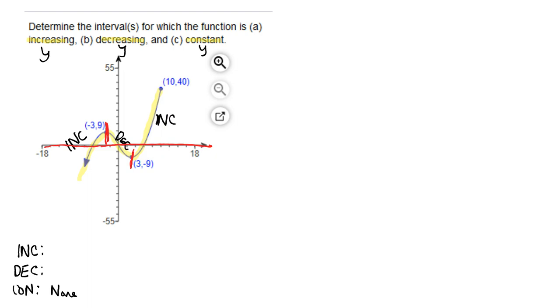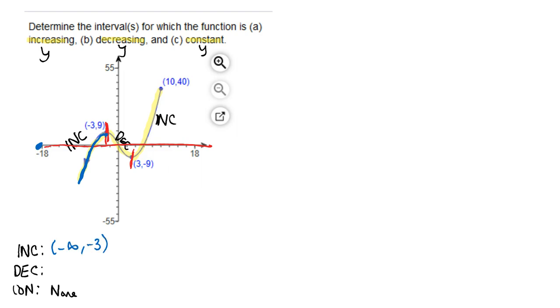So when I look at this section right here, this section we labeled as increasing, where do the x values start and stop for that section? So the x values will start over here at negative infinity and stop when we get to negative 3.